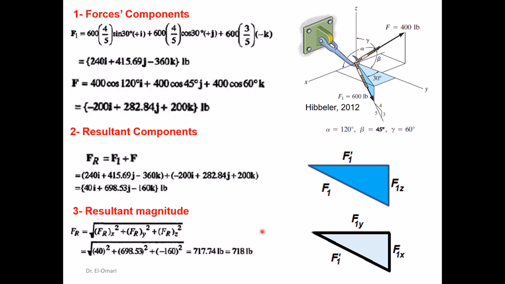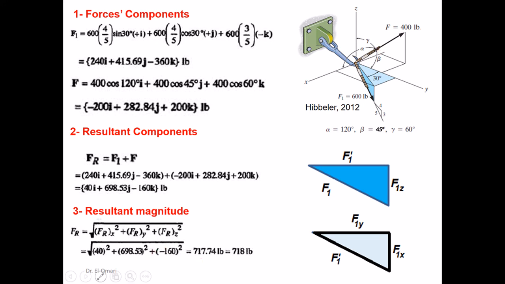Now the direction has to be represented by the angles alpha, beta, and gamma. In 2D, we had only one angle, but in 3D, we have to represent the force direction using its alpha, beta, and gamma. So remember the cosine of alpha is the force component in the x over its magnitude.